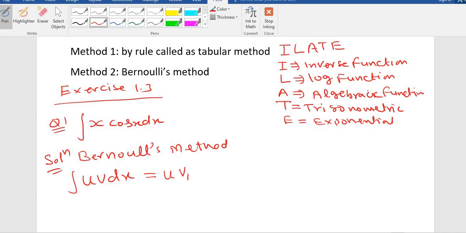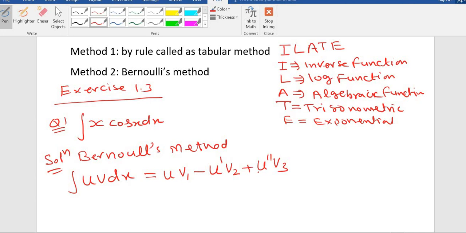V1 means the integration, and start from plus, then minus u dash, which means differentiate u, and again integrate the v function, then plus, and again differentiate u and again integrate v. You have to keep doing this until the differentiation of the u function comes to 0.